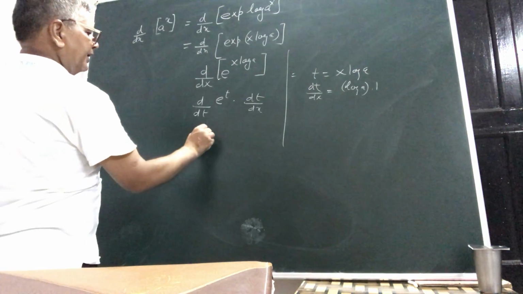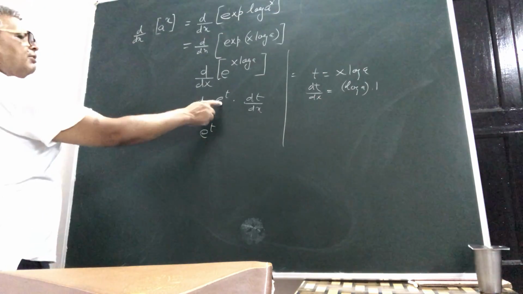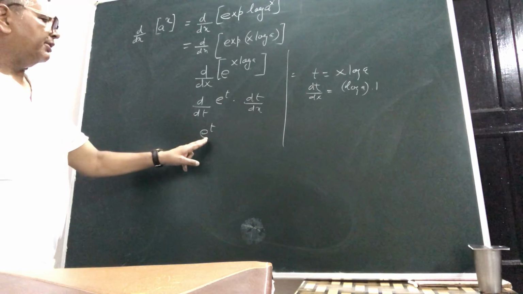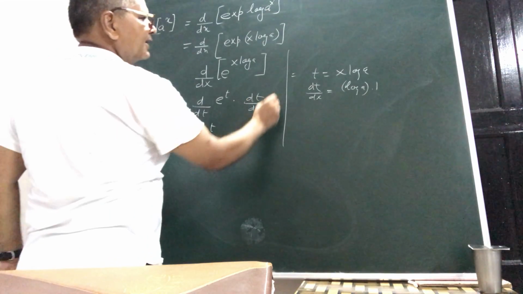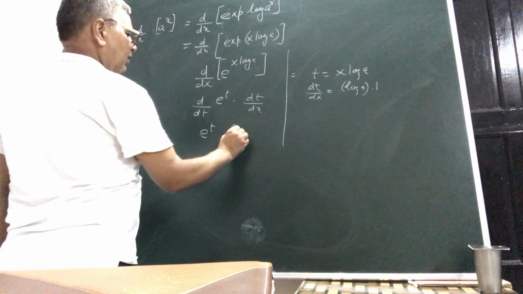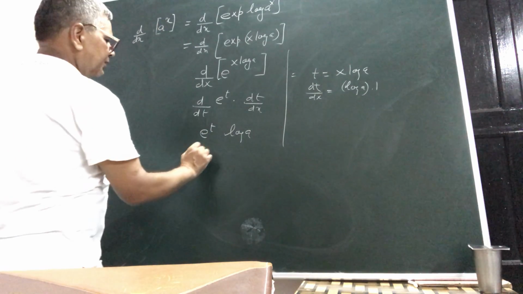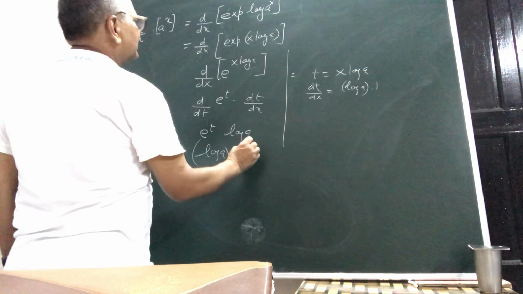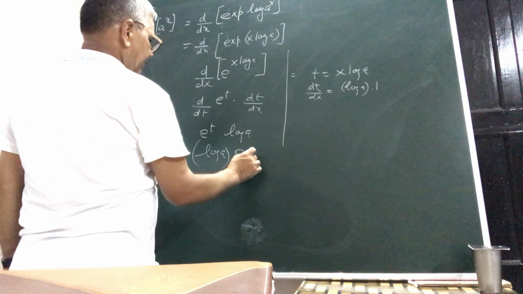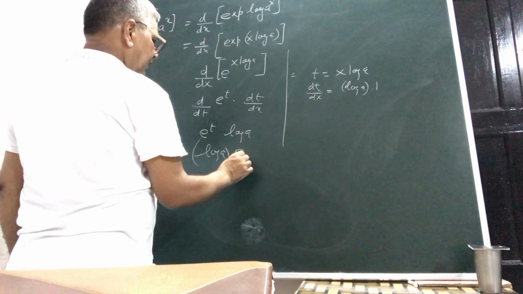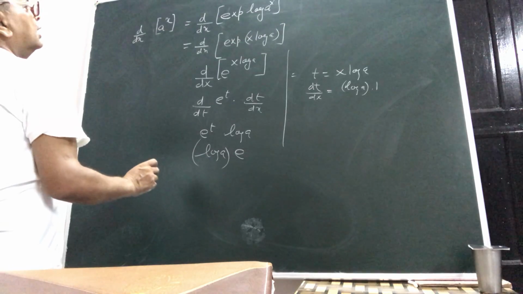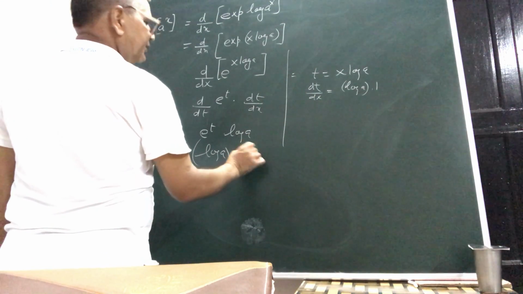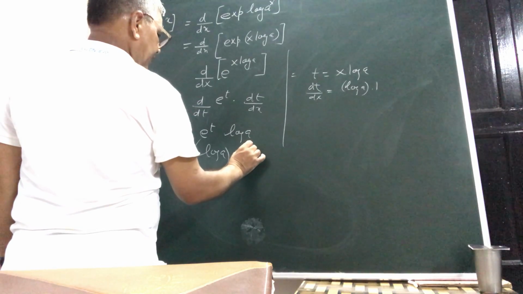So it is e raised to power t, because we have earlier seen that the derivative of e raised to power t is e raised to power t, and dt by dx is log of a. Let us put the value here. So it is log a, and e raised to power t, where t is x log a, is exponential x log a.